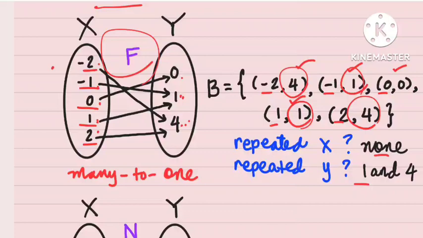It just happened that two elements have the same pair, like -2 and 2. They both pair with 4. But if you look at it, -2 is connected to how many elements? Just one, to 4 only. 2 is connected to how many elements? Just one, to 4 only, right? So the correspondence is many to one, therefore, this illustrates a function.